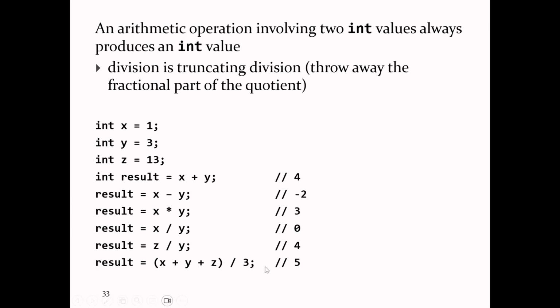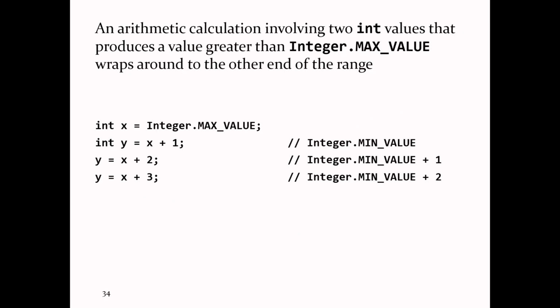Throw away the 0.66666 and you get 4. And of course you get parentheses as well, and parentheses let you control the precedence, the order of operations. So it works the same way in both languages. If you have 2 ints, it always performs int arithmetic, even with division.